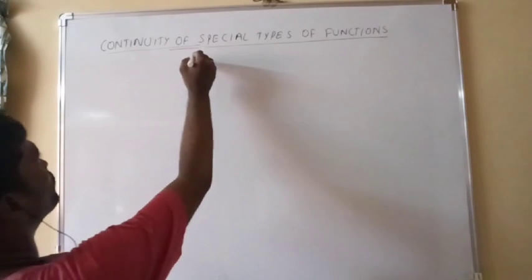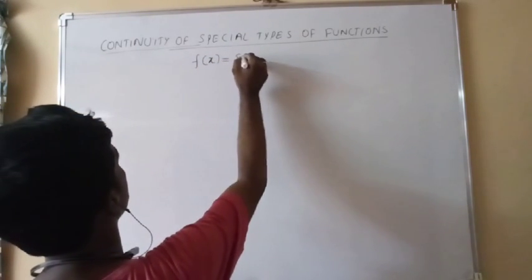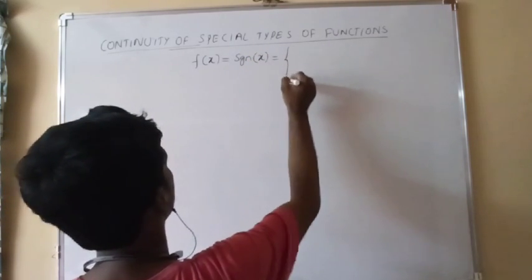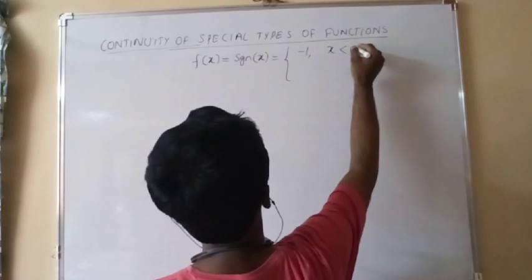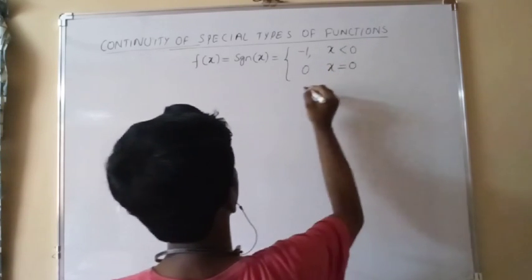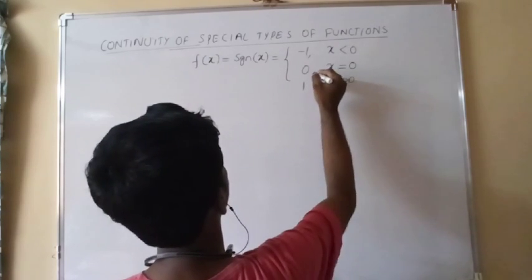So I think you are familiar with the signum function. Suppose f of x is equal to signum of x. It is defined as -1 for x less than 0, 0 when x is equal to 0, and 1 for x greater than 0.